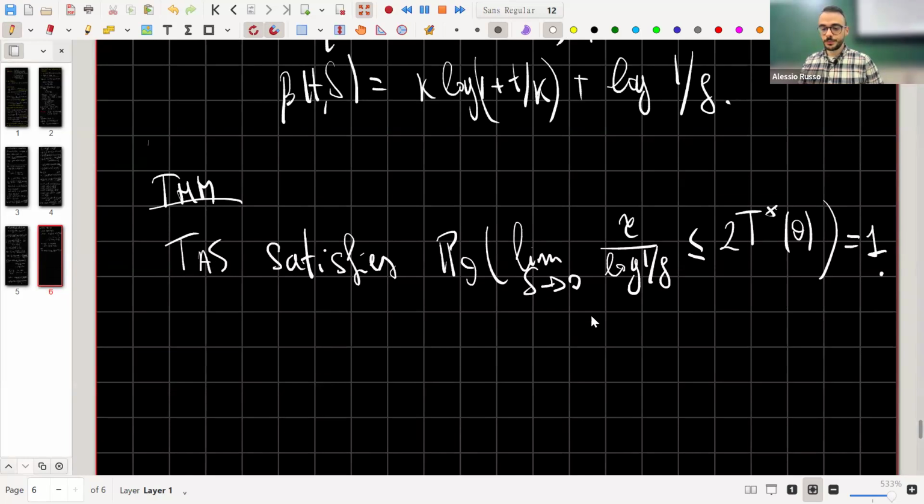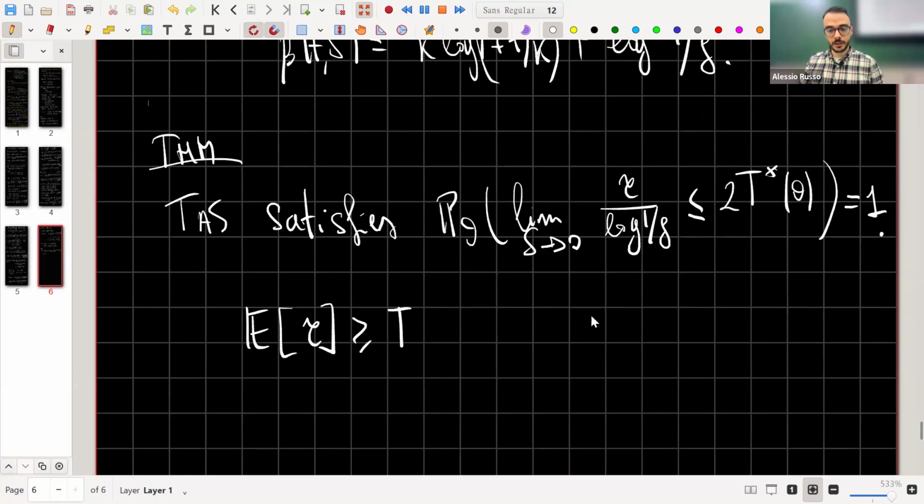So what this means is that asymptotically, we are optimal up to a constant factor 2. Because if you remember, the lower bound was saying that the expected sample complexity is lower bounded by T* log(1/delta).